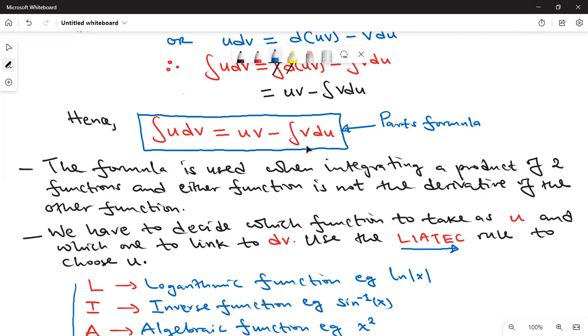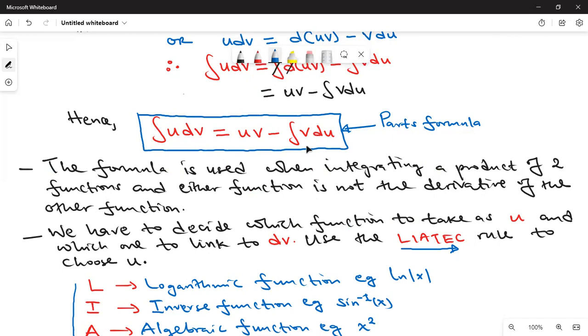To terminate the process, terminate it only if the last integrand can be integrated, or repeat the process if the last integrand still contains a product of functions, or collect like terms if the last integrand is the same as the starting integrand.